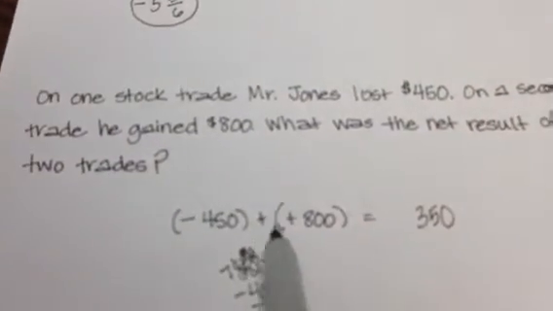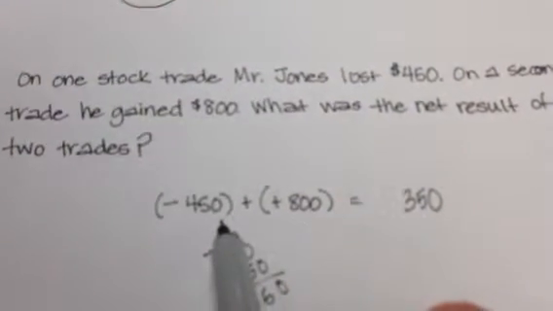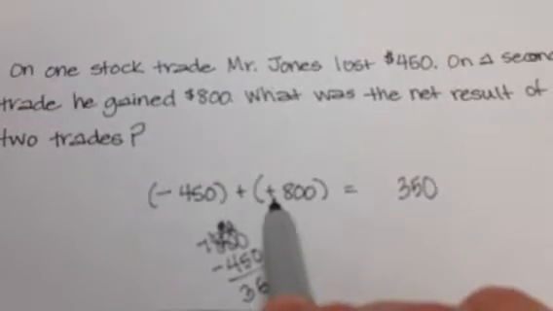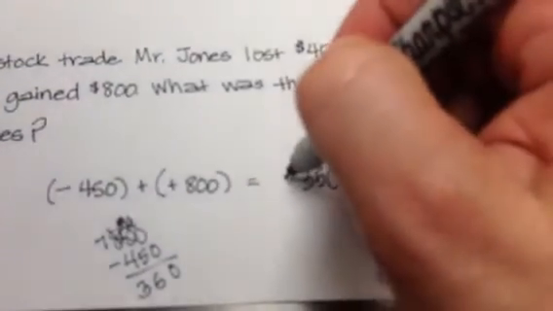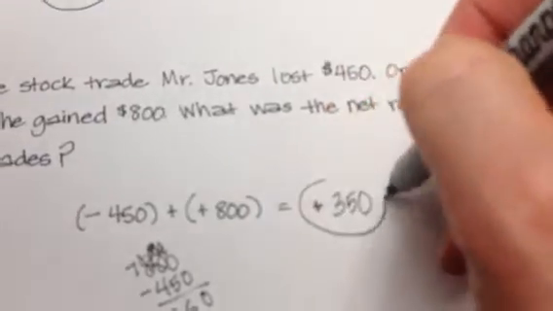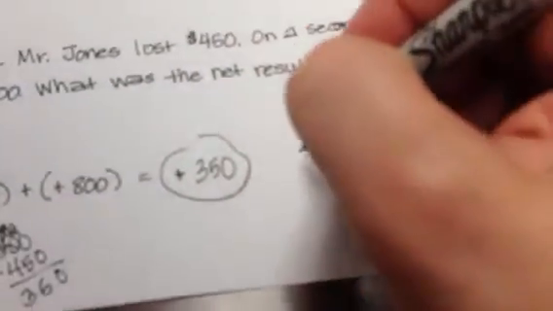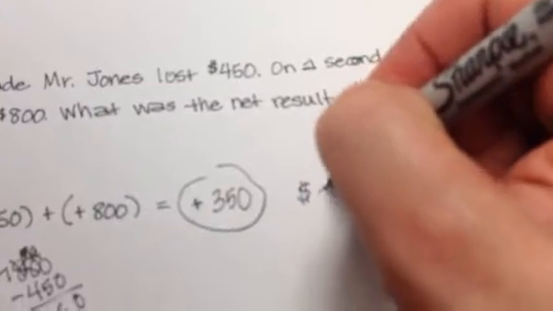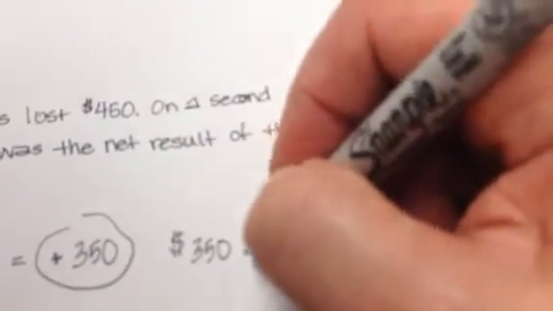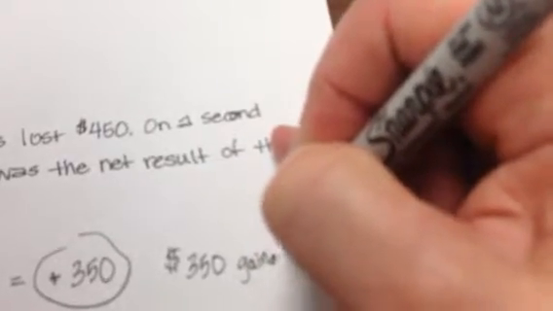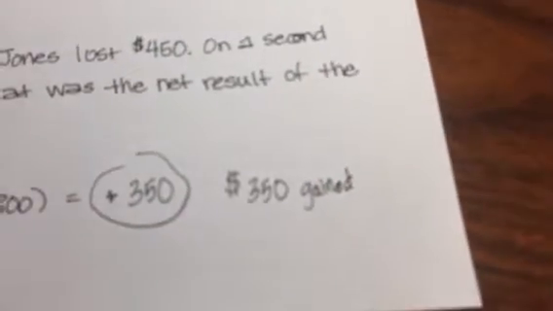What was the largest absolute value, 800 or 450? 800. What sign does 800 have? Positive. So this is a gain of 350, but of course we're talking about money, so you should write it like this, $350. And then if you wanted to, you could write the word gained. Okay, $350 gained.